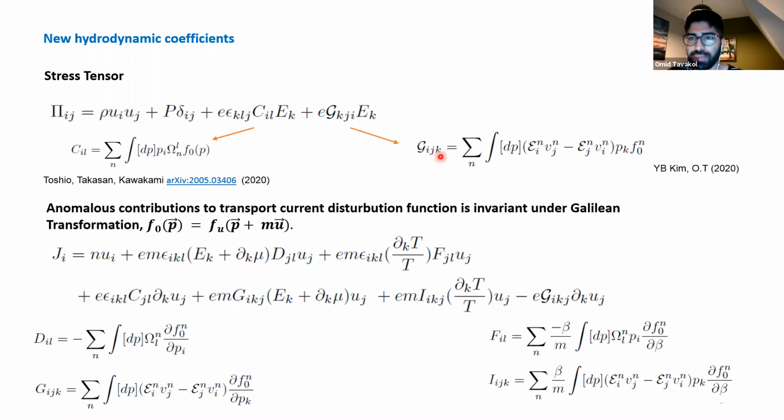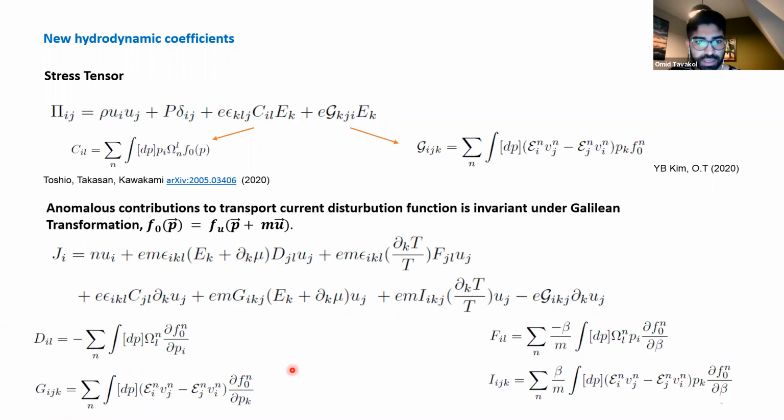Also, you can do the same thing for the transport current and find the constitutive relation for the current density. By doing that, you can find four other hydrodynamic coefficients. Call them D, F, I, and G by these definitions.